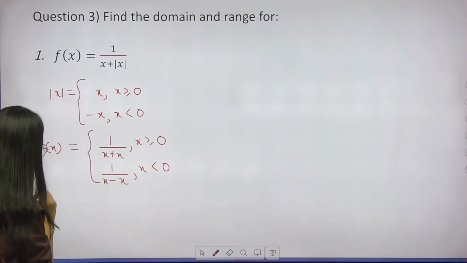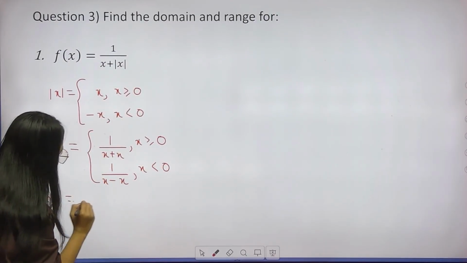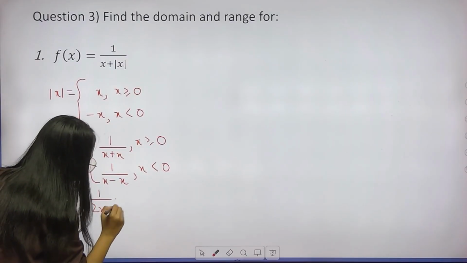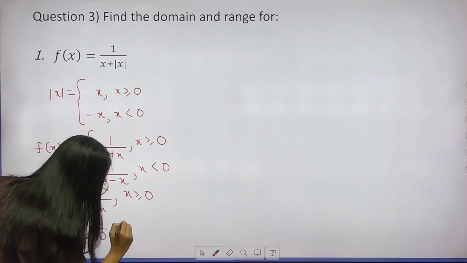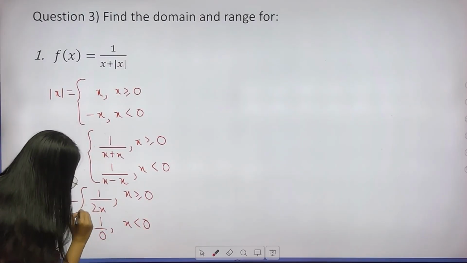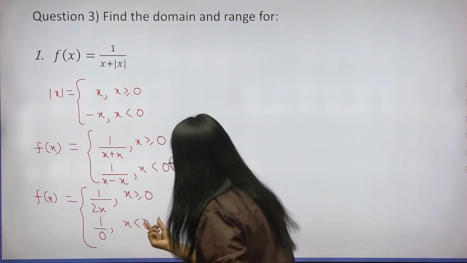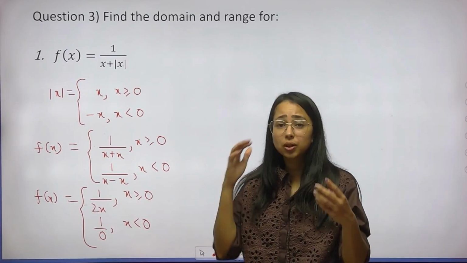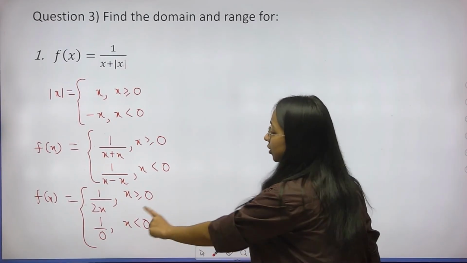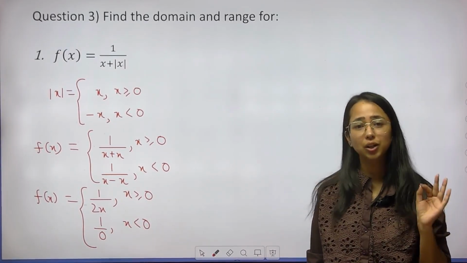So this gives us that f of x will be equal to 1 over 2x when x is greater than or equal to 0, and 1 over 0 when x is less than 0. When x is less than 0, we are getting 1 over 0, which is not defined, obviously, because 0 cannot come in the denominator.